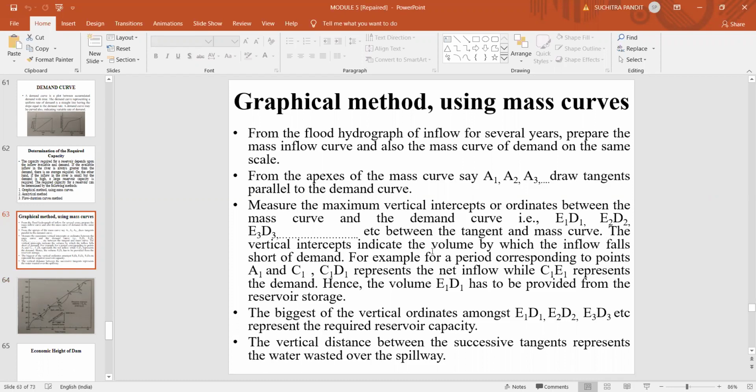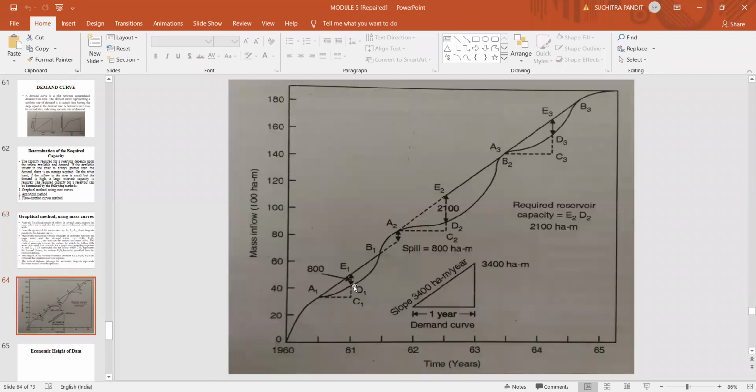The vertical intercepts indicate the volume by which the inflow falls short of demand. For example, for the period corresponding to points A1, C1, the length C1, D1 represents the net inflow, while C1, E1 represents the demand. Hence, the volume E1, D1 has to be provided from the reservoir storage. That means this is the volume of water required to meet a particular demand.